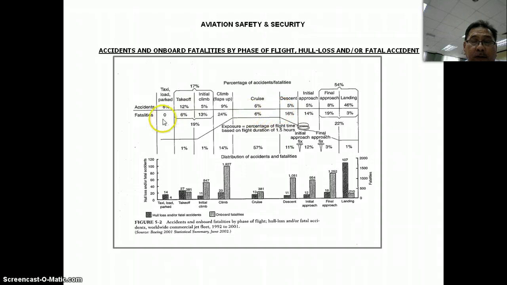So 6% for the fatalities, and then descent another 5%, initial approach another 5%, where fatalities between descent and initial approach, if combined together, are about 30%. That is also considered quite high. For the final approach and landing, you will have almost 54% of accidents, and fatalities about 22%. Okay.